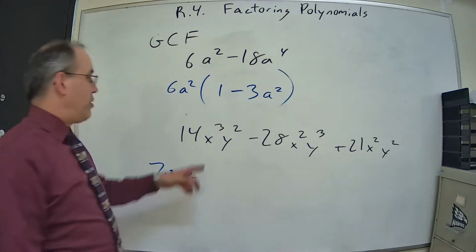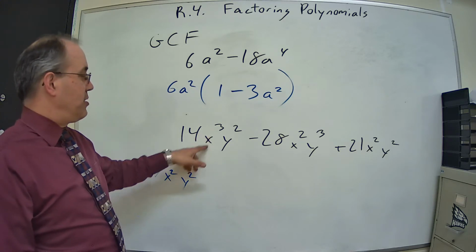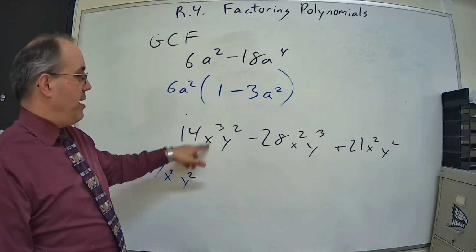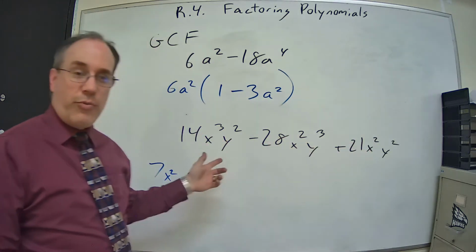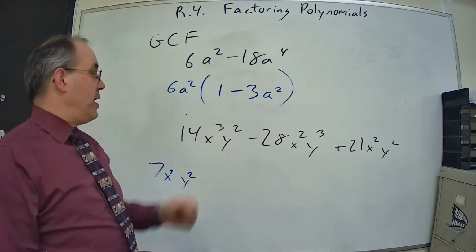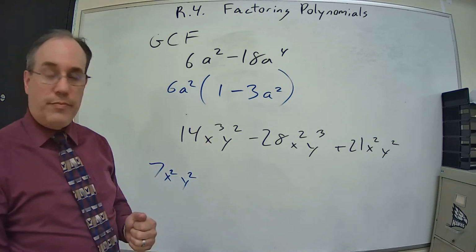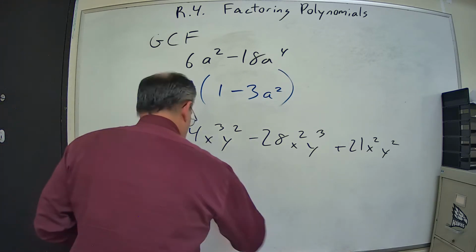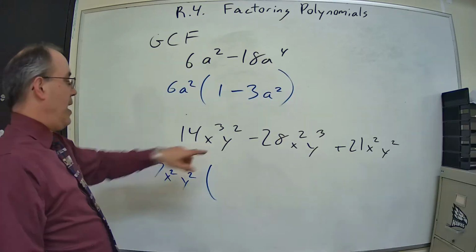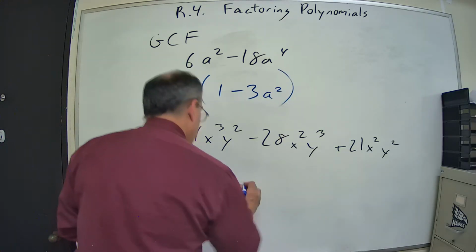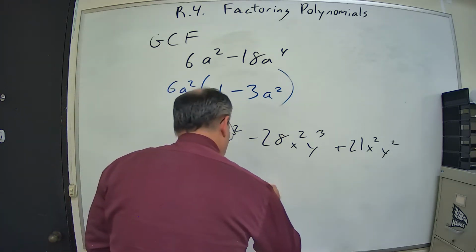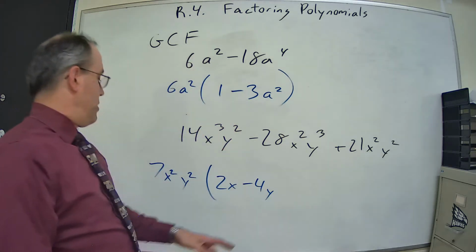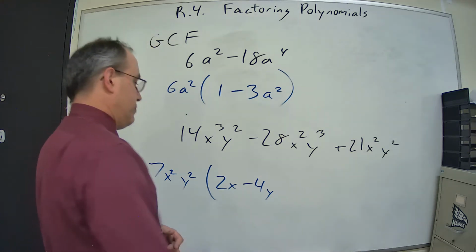And why do I say I can pull it out? Because this has at least x squared in it, right? X cubed, x squared, x squared. I look for the lowest degree of each of those, and that's what I'm going to be able to pull out. So I pull those out, leaving me with 2x minus 4y plus 3.